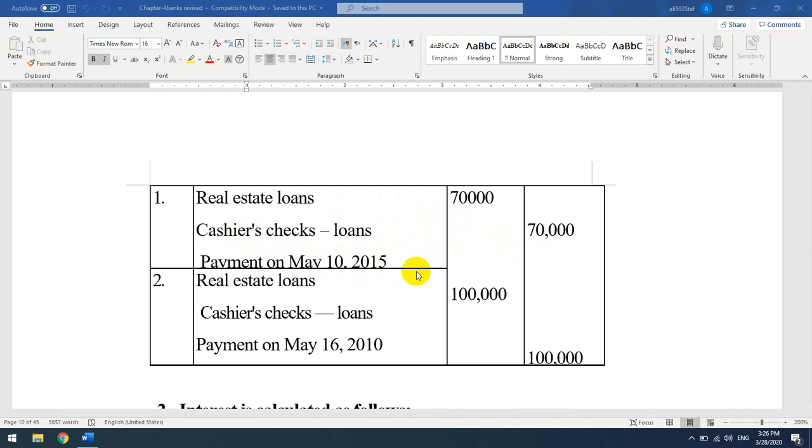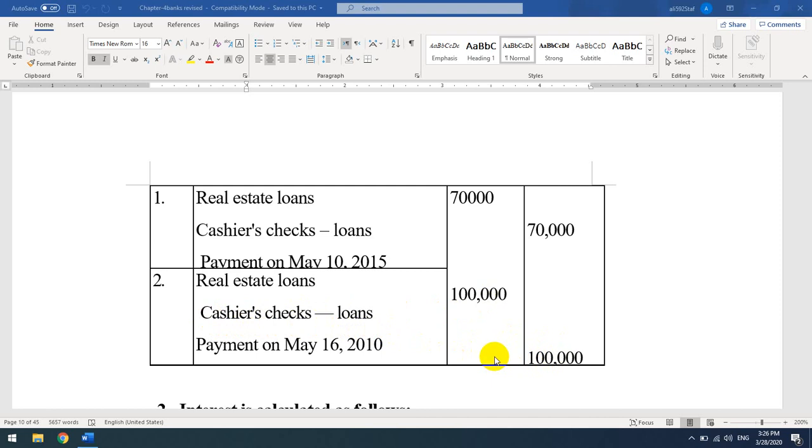The same journal entry will be made on May 16 when the second disbursement is made. We will record an asset, which is a real estate loan, debit for 100,000 Egyptian pound, and cashier check credit for 100,000 Egyptian pound.